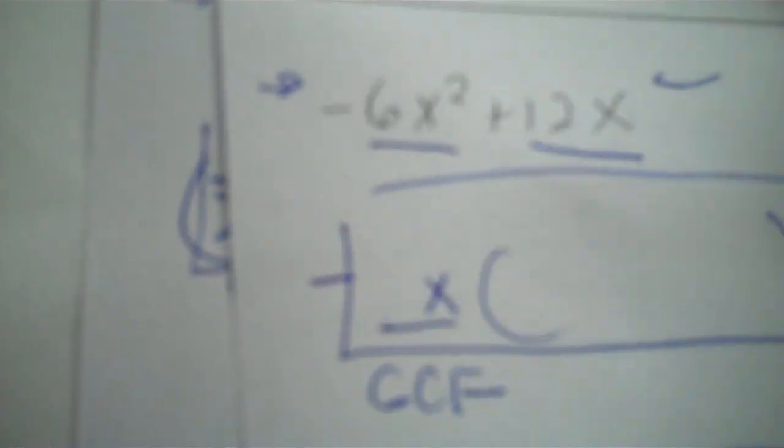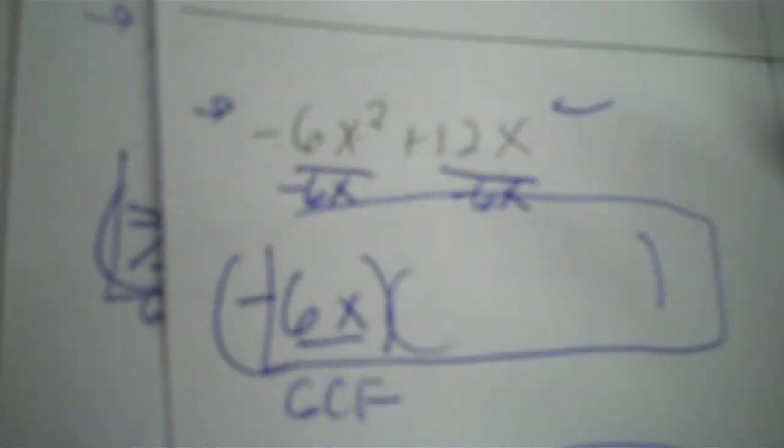We'll also be factoring out a negative because we have a negative. Then 6 and 12 are both in row 6. So this time I have the whole shebang, okay? Not only do I have 6, I have a negative and an x I have to take up here with it. Okay, you just take what your GCF is.